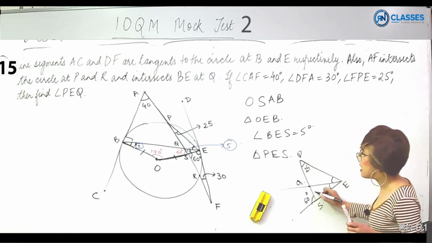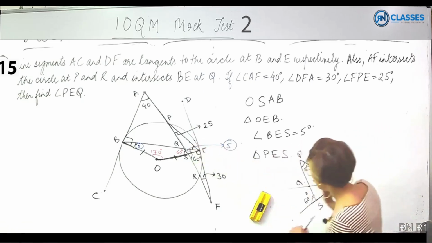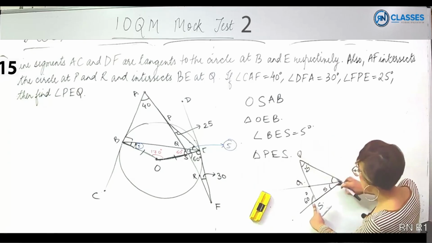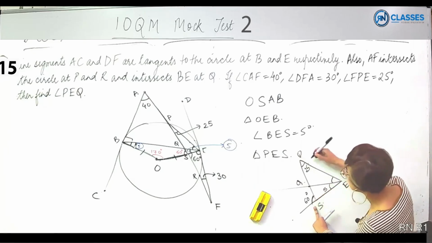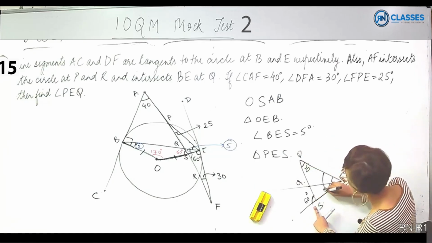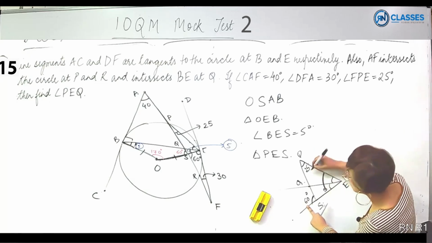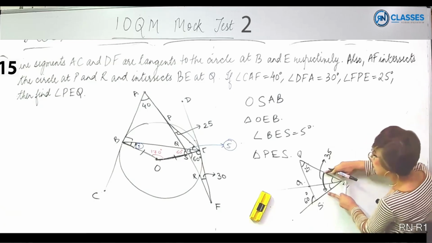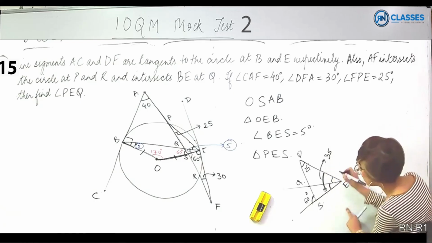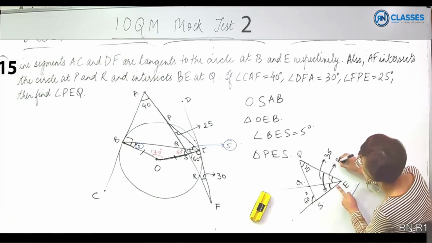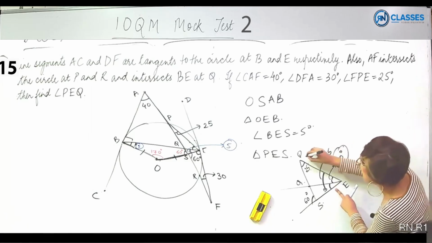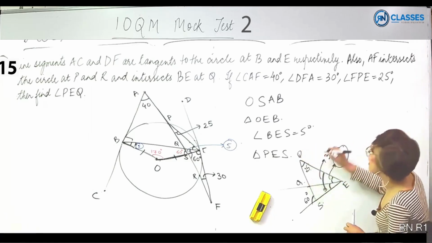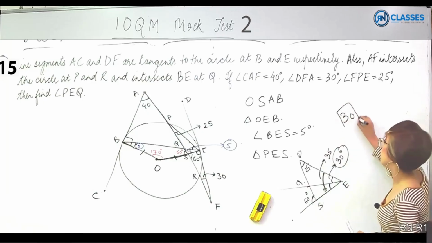This is the exterior angle of triangle PES. Exterior angle is equal to the sum of this and this. This is 60, this is 25, so this entire angle is 35. Out of this entire angle, this is 5, so this angle is 30 degrees, which is angle PEQ. That is why the answer is 30.